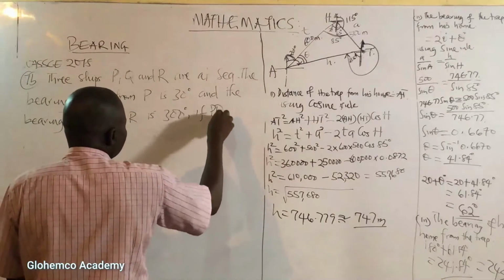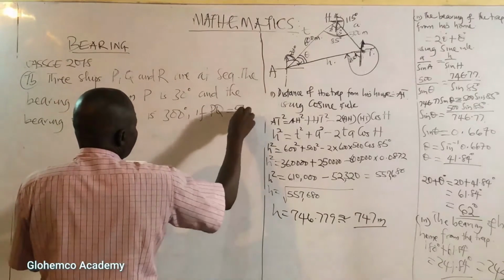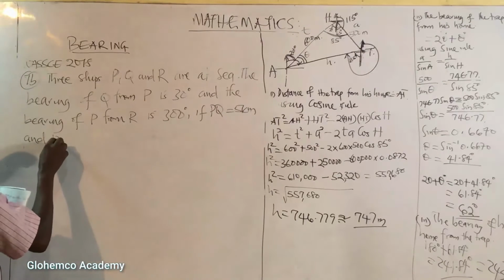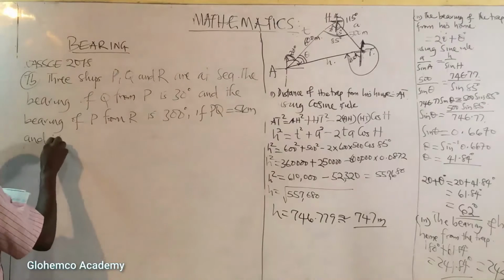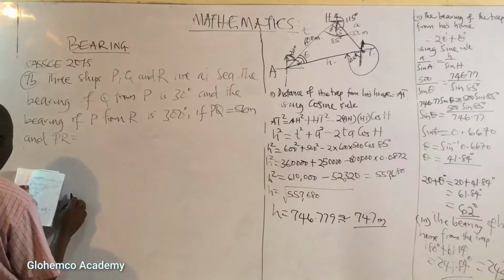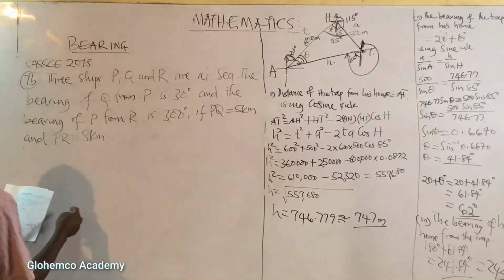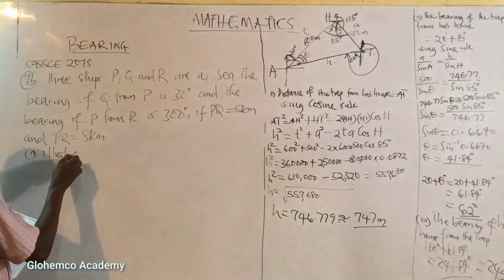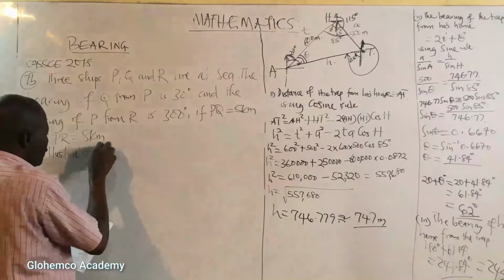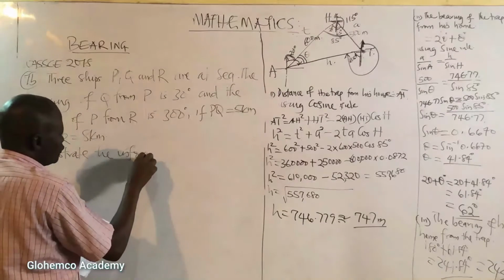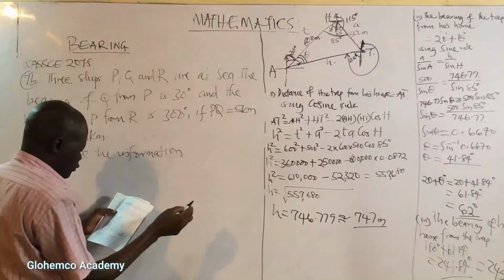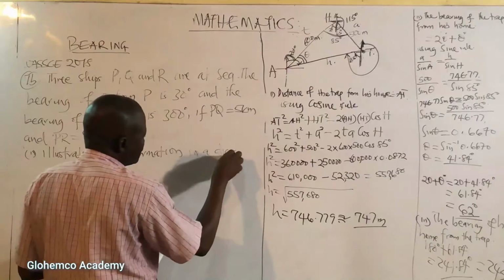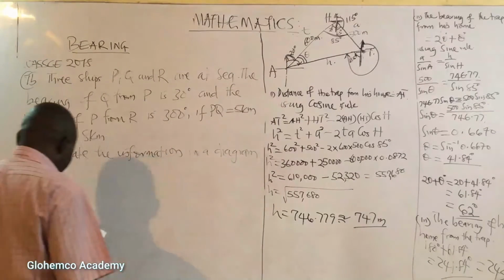If PQ is 5 kilometers and PR is 8 kilometers. The first question says illustrate the information in a diagram.